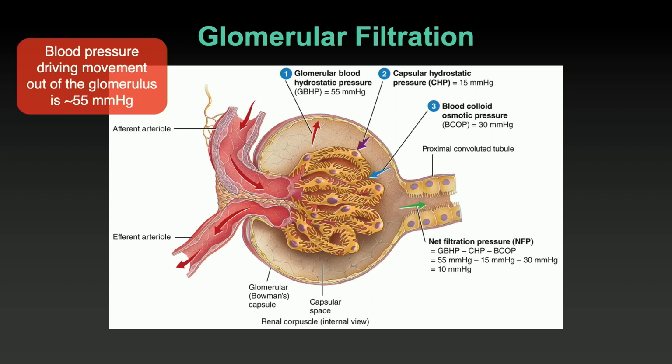If you think back to, I showed a schematic on the vasculature side showing pressure change as you move from the aorta to the arterioles to the capillaries to the veins, and it is a linear decrease over time because blood flows from high to low pressures. 55 millimeters of mercury is fairly high for a pressure in the glomerulus, but this is what drives filtration.